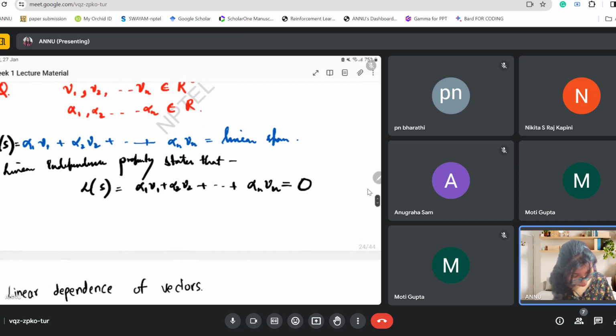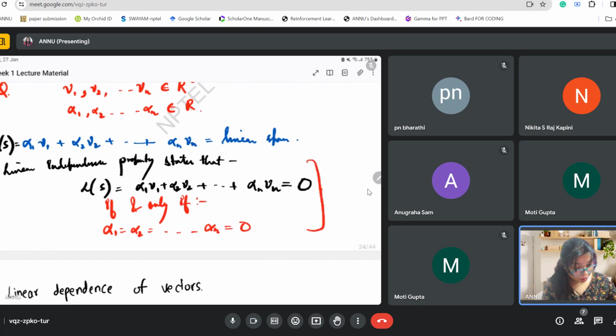Note that this holds if and only if alpha 1 equals alpha 2 equals so on, alpha n is 0. So if this follows, then this set of vectors is linearly independent.